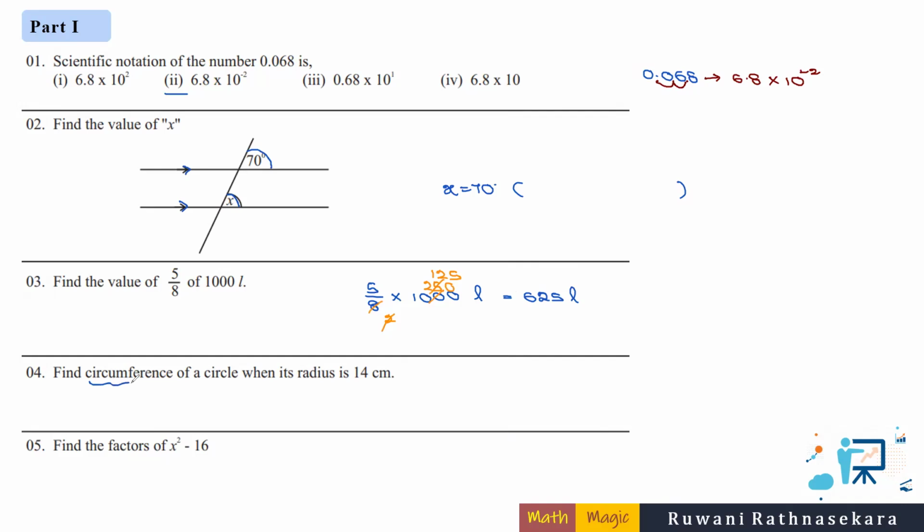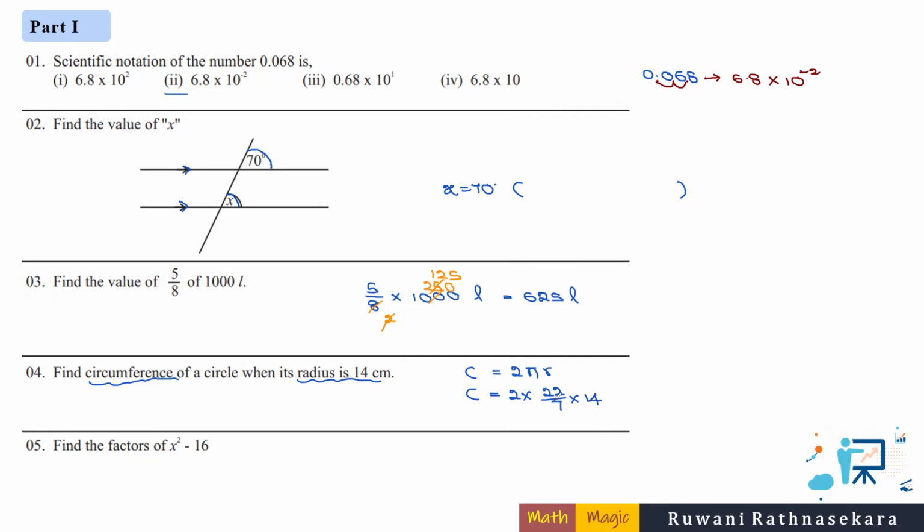Then you have to find the circumference of a circle with the radius of 14 centimeters. There's a very nice formula for the circumference of any circle with the radius known, which is C equals 2πr. π always stands for 22/7, which is a constant. Therefore, it is 2 into 22/7 into 14, where 14 is the radius.